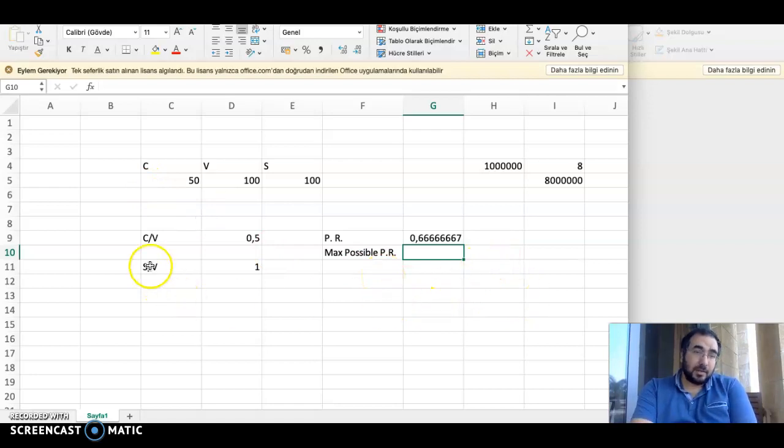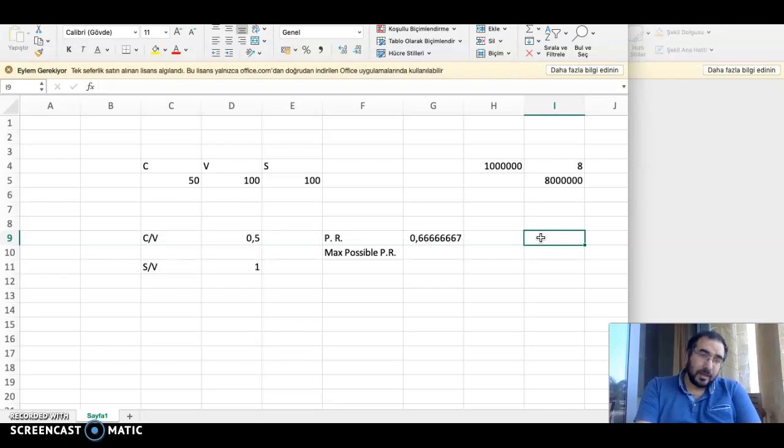Because we already know that the profit rate is S over V divided by 1 plus C over V, or we can also write it as S divided by C plus V.